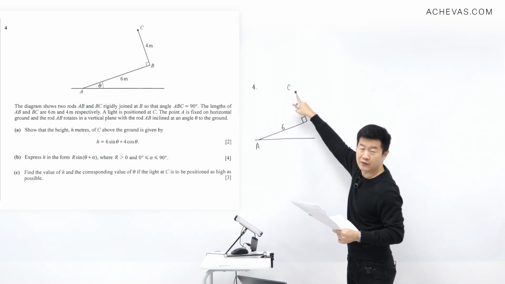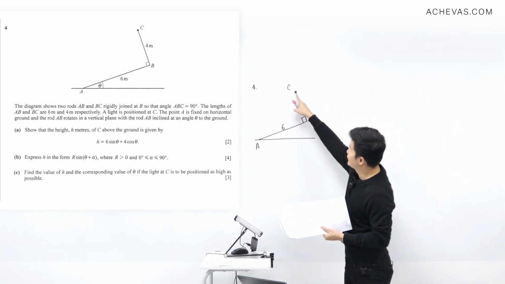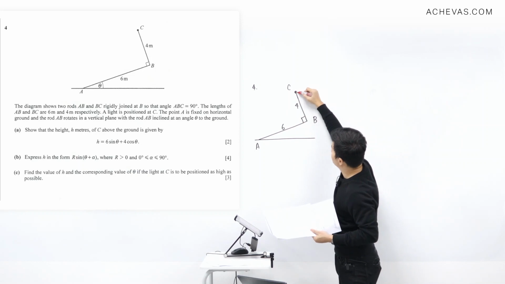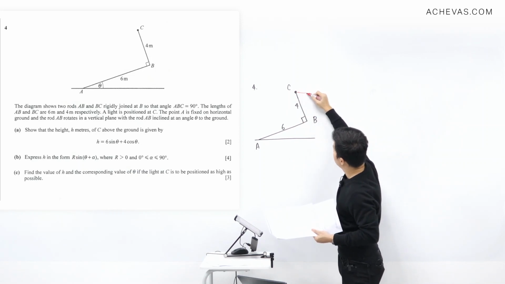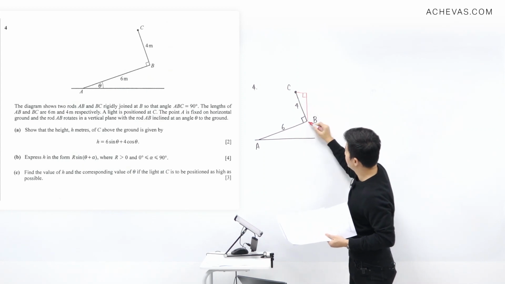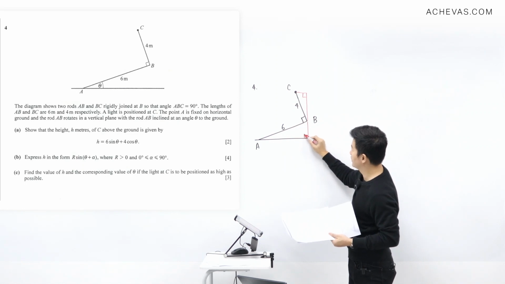We can definitely draw one vertical line down, or you can just change your perspective a little bit instead of just directly going from C down. What if we were to draw a right-angled triangle here? So there's a right-angled triangle here. And if I continue to go vertically down, we have another right-angled triangle here.